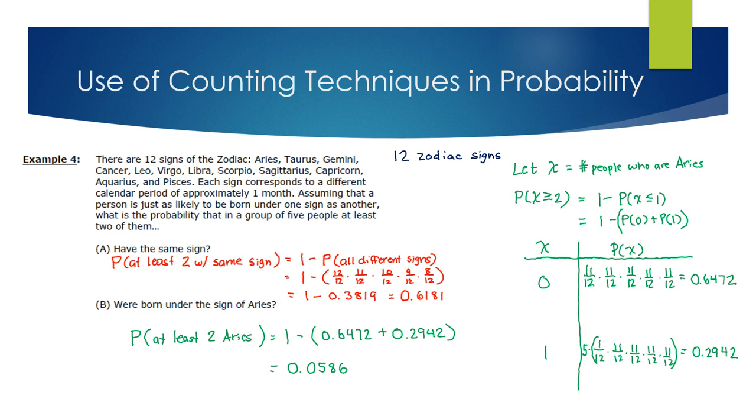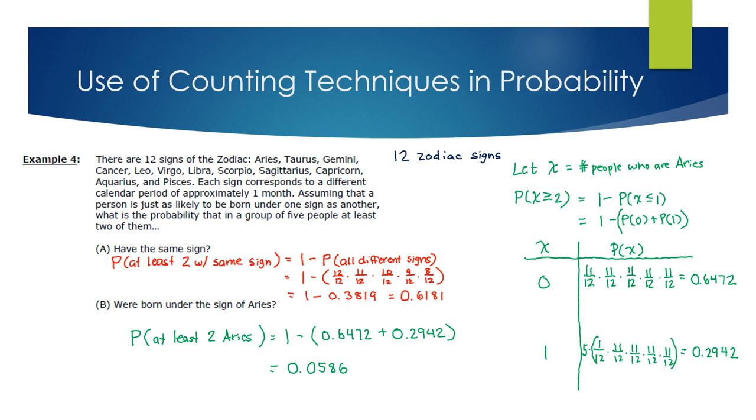If you want to think about it, the probability of at least 2 Aries is 0.0586. Well, this is what I would expect to be the probability of getting at least 2 Cancers, or at least 2 Capricorns.